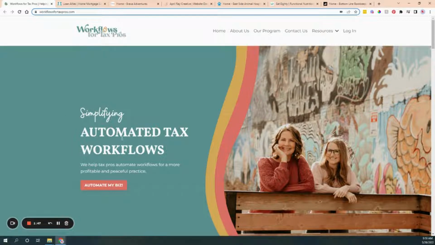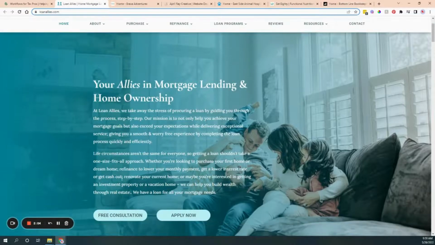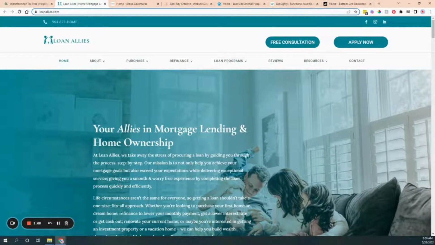But I have some clients that will put their name here and then their subheader will let people know who they are and what they do. So we really want to make that clear. Another great example here is Loan Allies, your allies in mortgage lending and home ownership. We let them know right away what they're getting into. So these are just 2 really great examples of that.